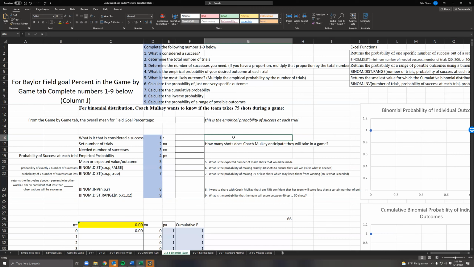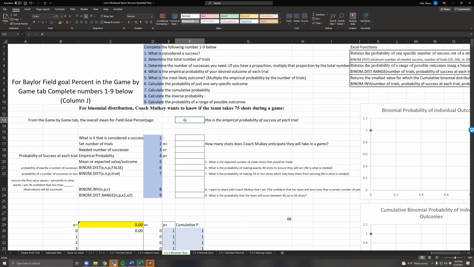How would I go about figuring that out? Well, let's back this up for a second. The first thing is, what is the empirical probability of success at each trial? What is the success that we're dealing with? It's not jamming. Not necessarily.